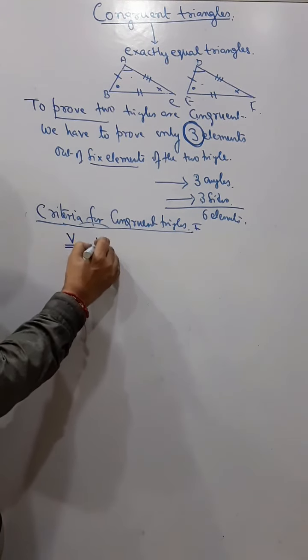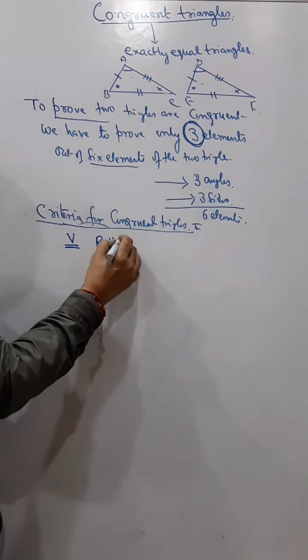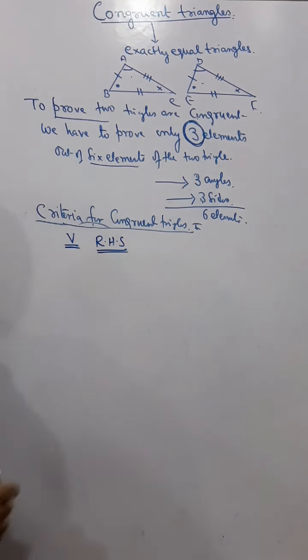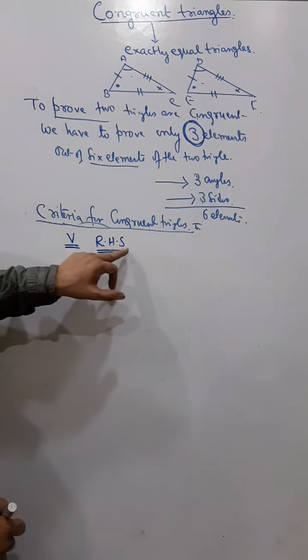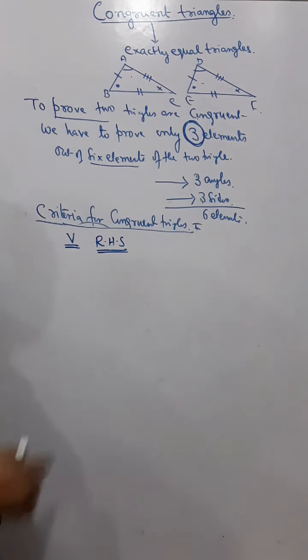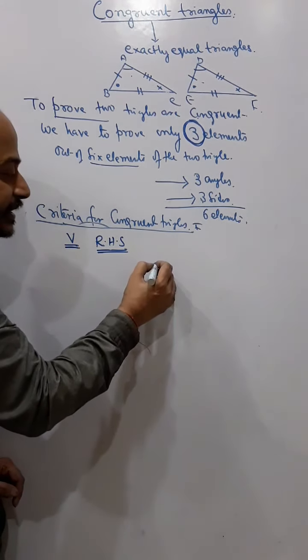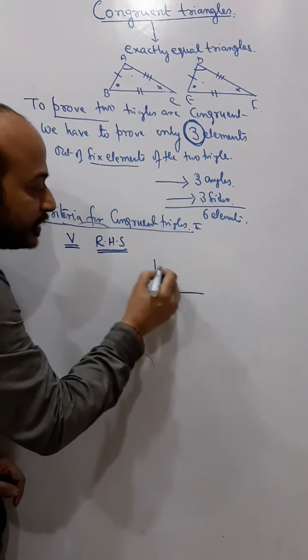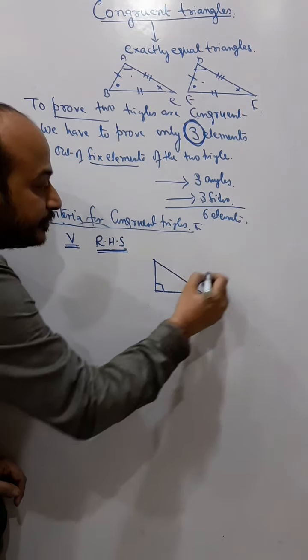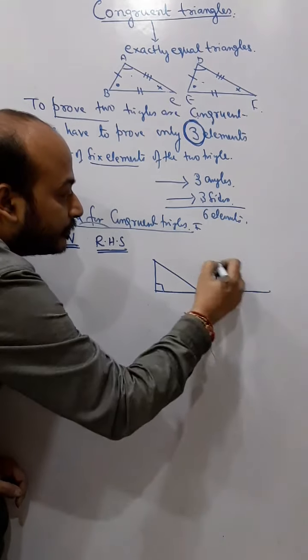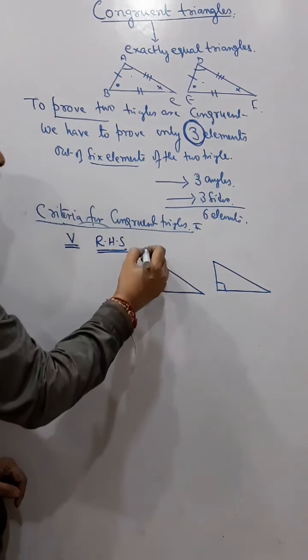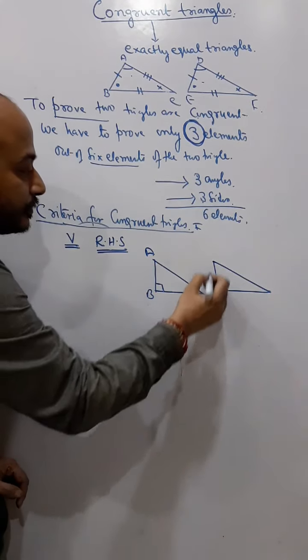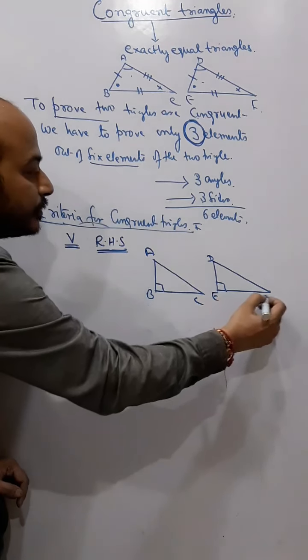Now the last criteria is what we call the RHS criteria. RHS means right angle, hypotenuse and one side. So this is related to right angle triangles.